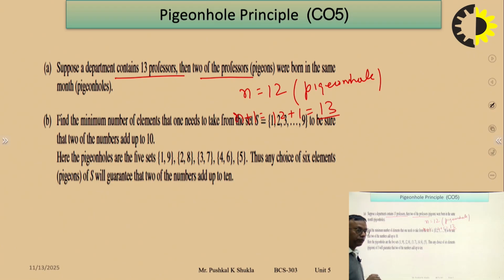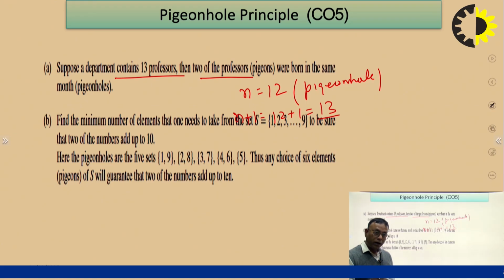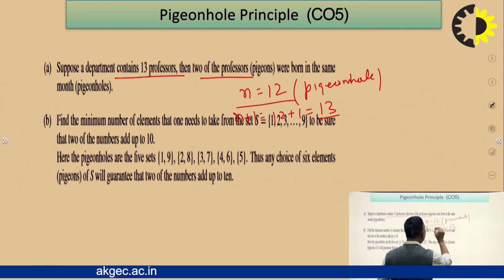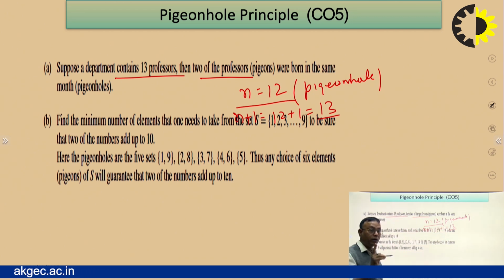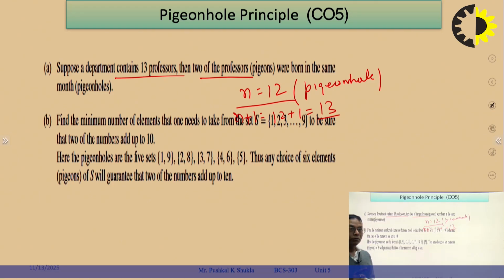13 is the pigeons, according to the simple pigeonhole principle. If there are n pigeonholes occupied by n plus 1 or more pigeons, then there must be at least one pigeonhole which has more than one pigeon. Here n equals 12, since in a year 12 months are there, so 12 pigeonholes are there.